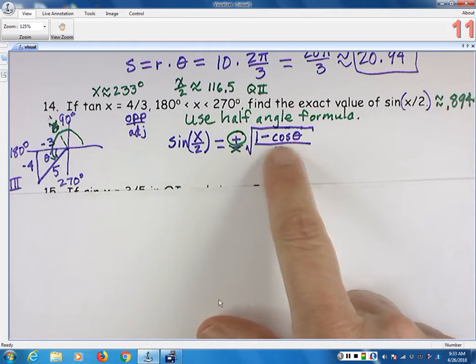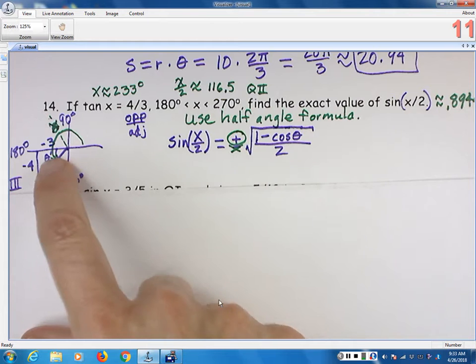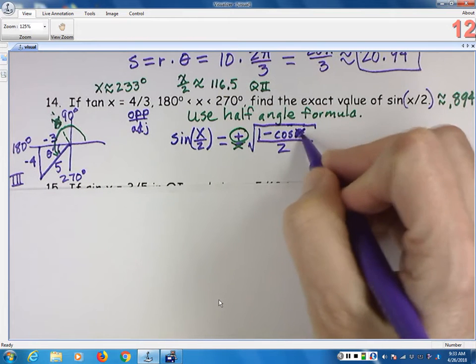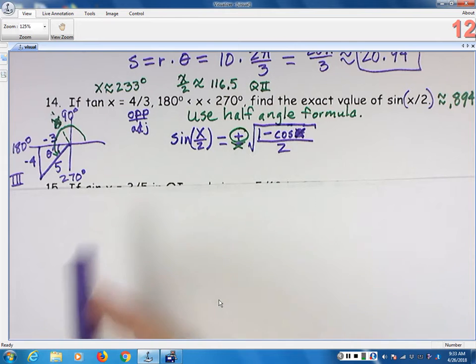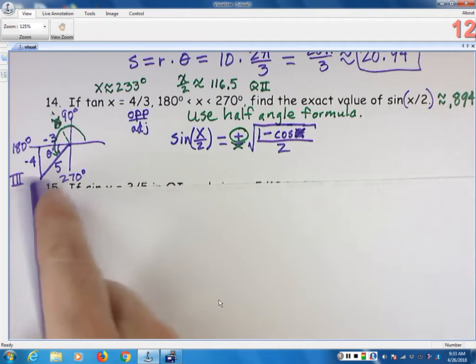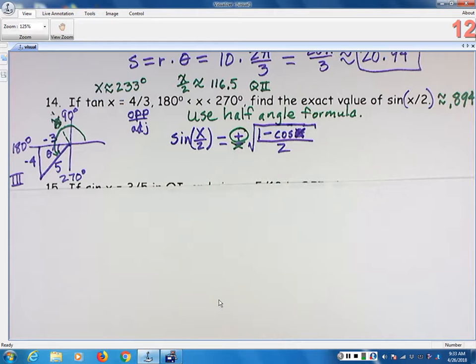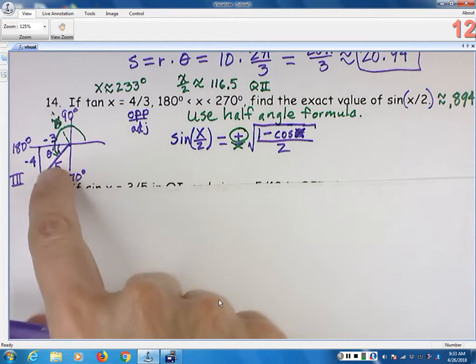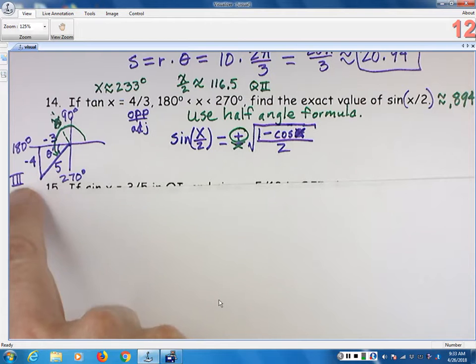we're going to find cosine of x, actually. I keep getting my x's and thetas mixed up, it's an x. We can find cosine of x, and is cosine going to be positive or negative here? Cosine for x is negative in quadrant 3.